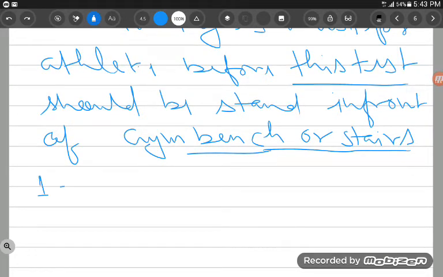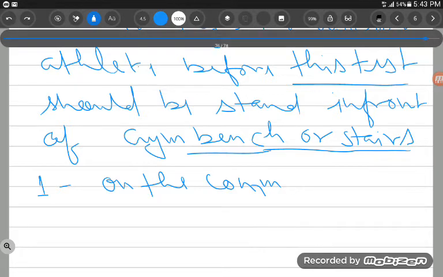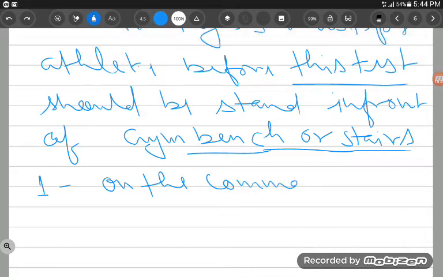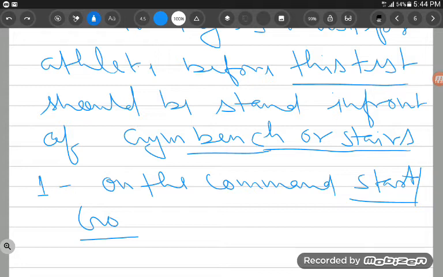The first point: on the command start or go, your teacher or instructor who organizes this test will give the command start or go.